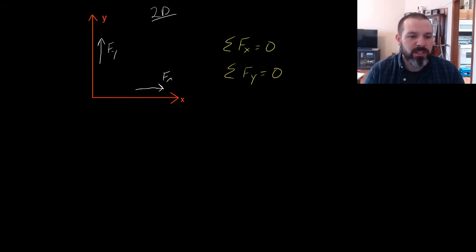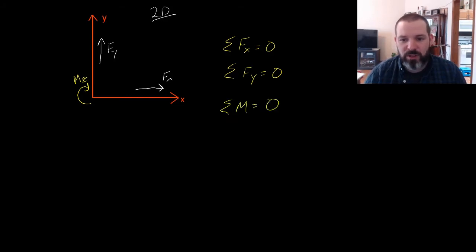The only one we need to consider is moment around the z-axis, because the moment around the z-axis, which would be acting in and out of your screen, is acting on this xy plane we've defined. Now, a lot of times when we're working in 2 dimensions, we don't even say sum of the moments around the z. We say the sum of the moments has to equal 0 because the only moments we're considering are the ones acting on the plane we're looking at. So in 2 dimensions, we have 3 equations of equilibrium to work with.